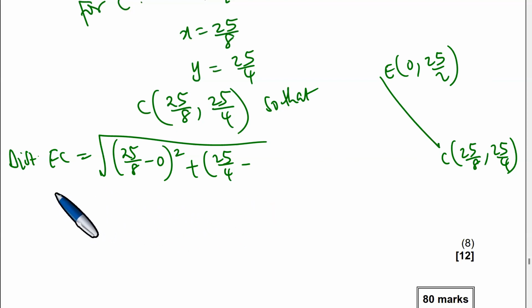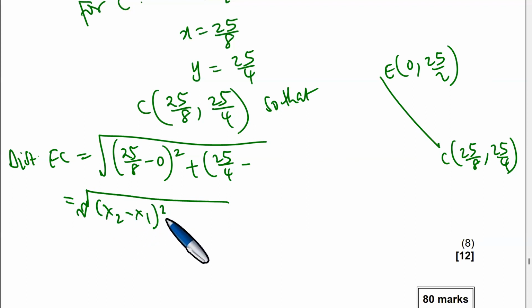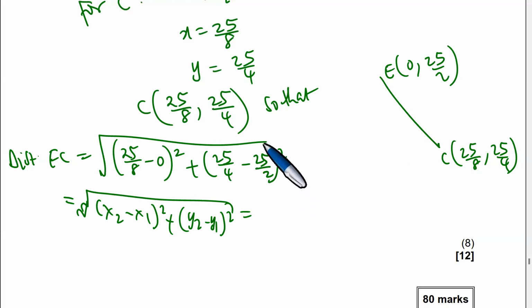This is that because we're using the distance formula, which gives 25 times the square root of 5 out of 8.